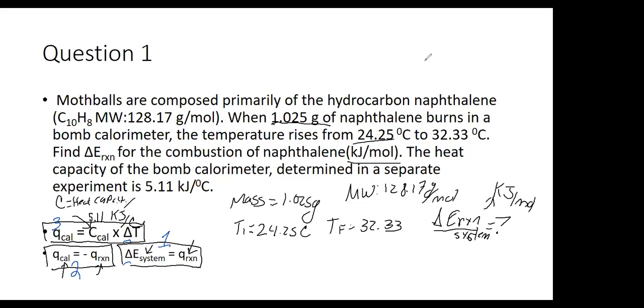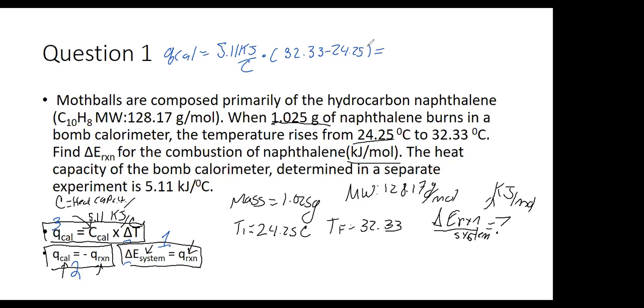All right, so the first thing we want to calculate is Q_cal. That equals C_s, which is 5.11 kilojoules per Celsius, multiplied by delta T. Final minus initial, 32.33 minus 24.25.